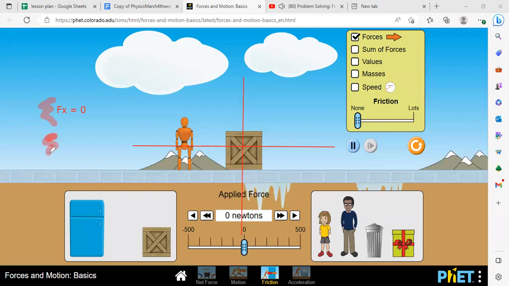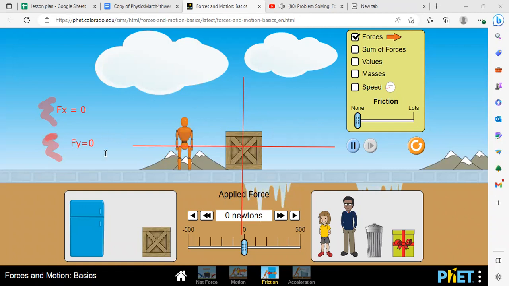Summation of force along y is equal to 0 also, since hindi siya gumagalaw. So ayan yung application ng first law. So if something is not moving or is in constant velocity, the summation of forces along x and along y is equal to 0.